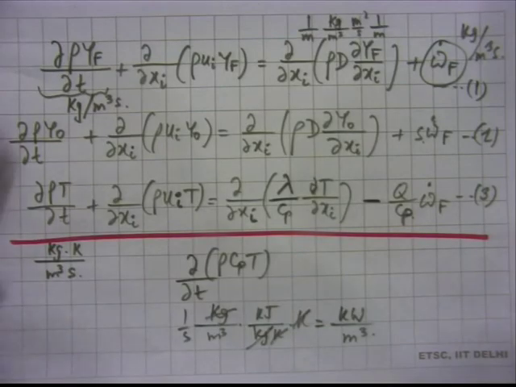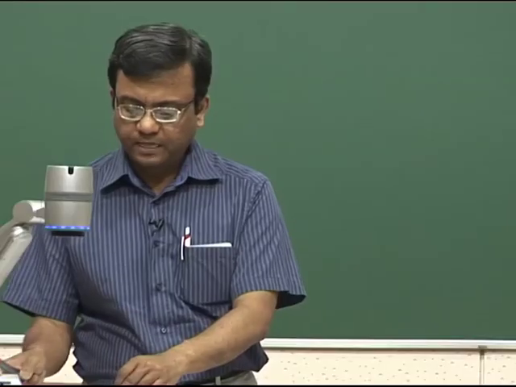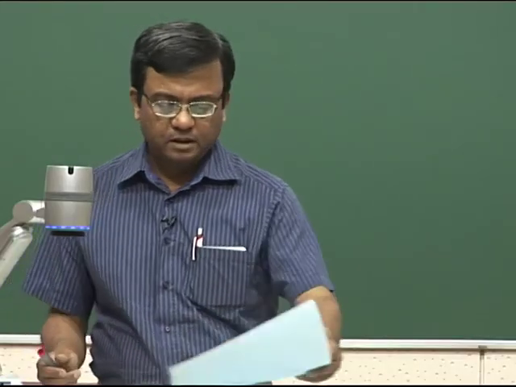What I was telling you is that you have these 3 equations, and we combined 1 and 2 in a way that we got a conserved scalar. Are there other combinations possible? There are other combinations possible, and I would like you to check that at home, not here.